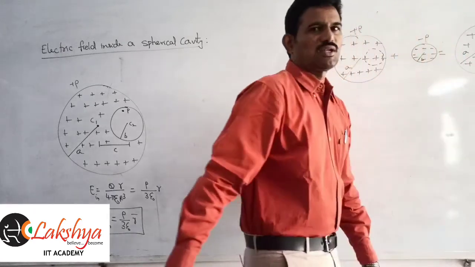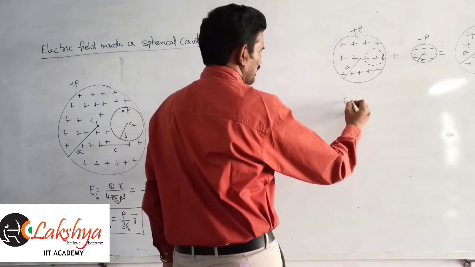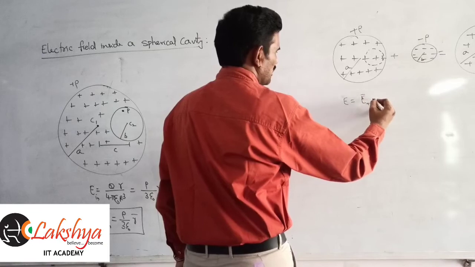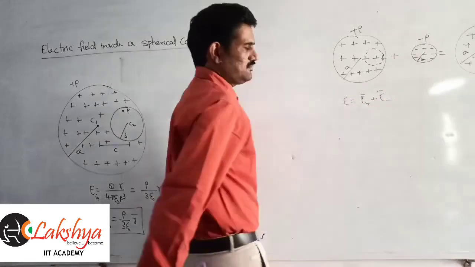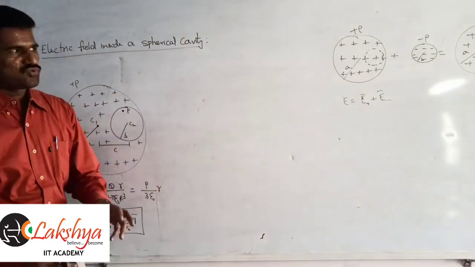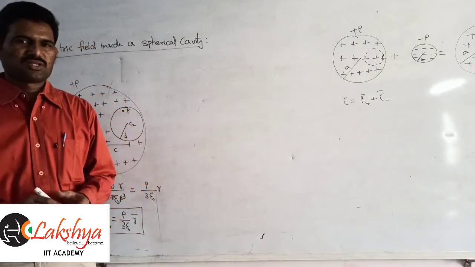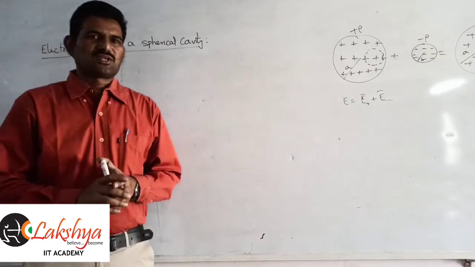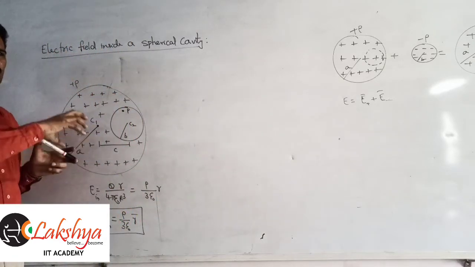Now the resultant electric field at that point is the electric field due to the positive charge density of the whole sphere plus the electric field due to the negative charge density, added vectorially. So that is one approach. We assume the total sphere has positive charge density, and wherever the cavity is present, we consider that cavity volume as an opposite charge density.